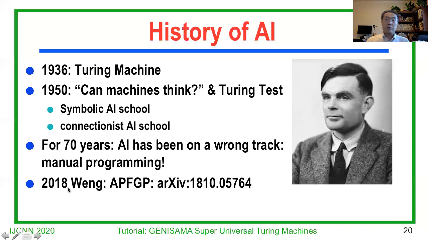This tutorial will be very different from other tutorials, all right? In 2018, I proposed something called APFGP, basically that learning must be fully automatic, and humans are relieved from programming for task-specific machines.